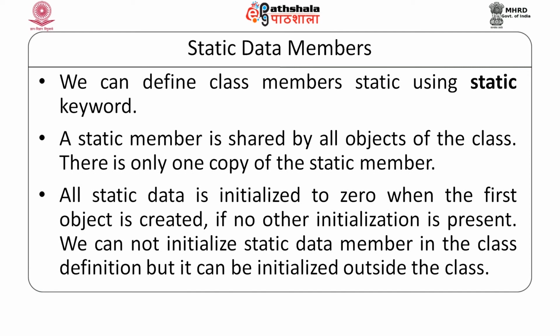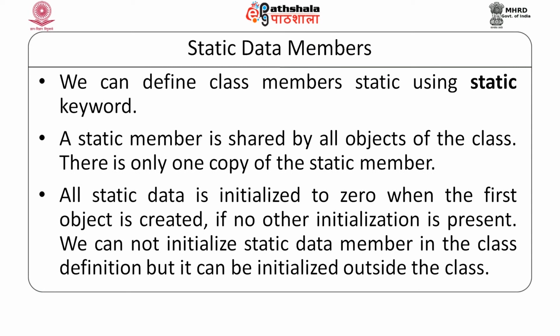Rather than having one copy of that data member in each object, we will have one copy which is common for all the objects. All static data members are initialized to 0 when the first object is created, if we do not initialize it with some other value. We cannot initialize the static data member in the class definition, but it can be initialized outside the class.